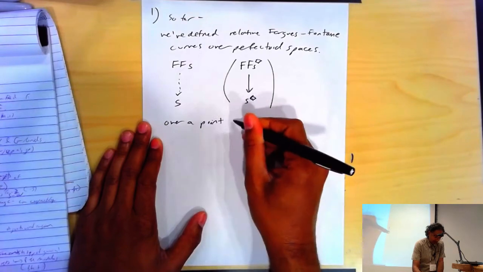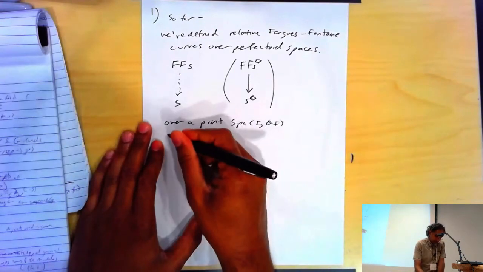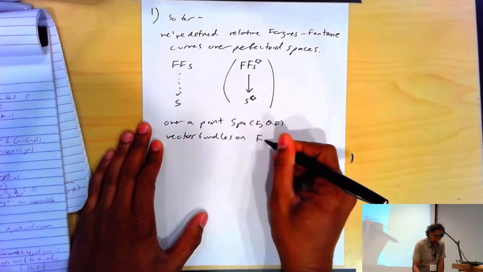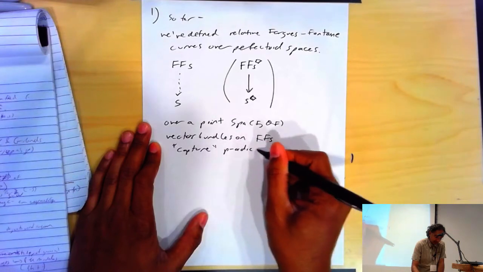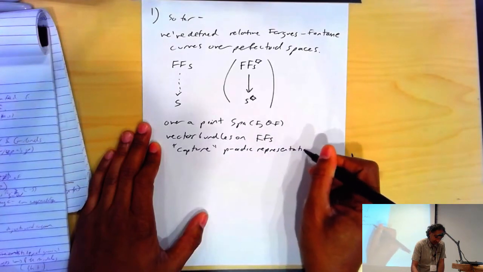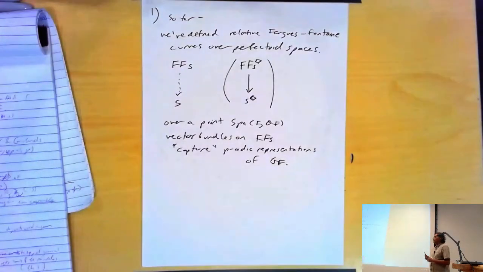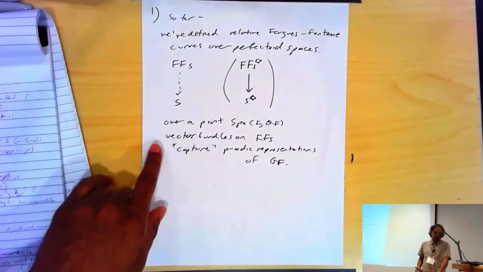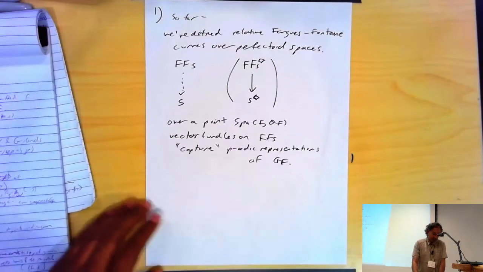We know that if you have a point, which is to say Spa of a perfectoid field F of characteristic p, the vector bundles on this thing, so to speak, capture p-adic representations of the Galois group of F. So this was via the theorem that I ended with last time, the Narasimhan-Seshadri theorem, that said that there was an equivalence of categories between certain vector bundles, stable of degree 0, and the category of p-adic representations.